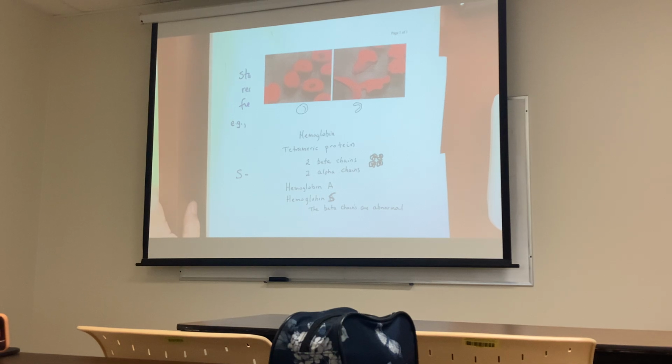Under low oxygen, high acidic conditions, and we're going to talk about this when we do physiology this semester, that happens in your tissues that you're respiring. The inside of the cell becomes acidic.